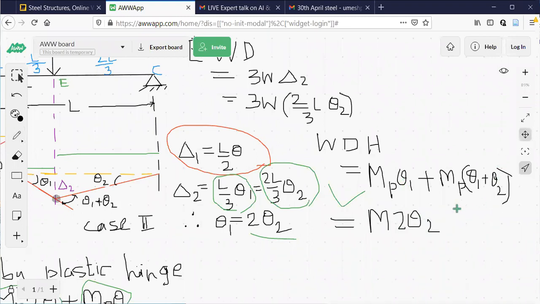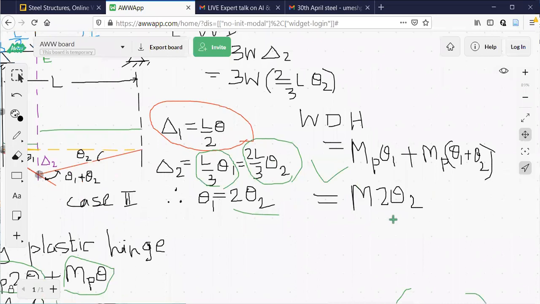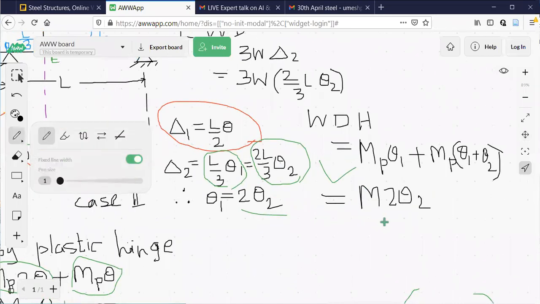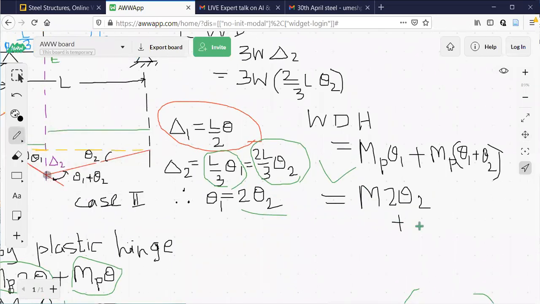Okay. Plus MP 2 theta 2 plus theta 2, 3 theta 2. Am I right?